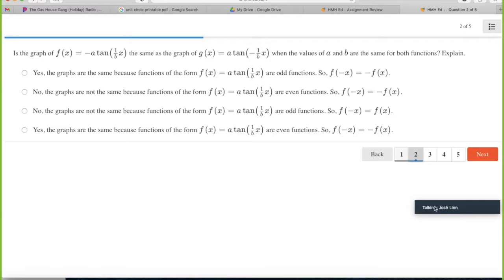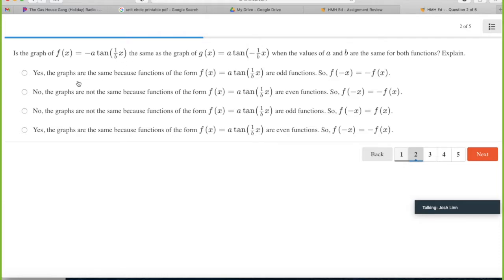So, we get to do some math. Is the graph of f of x equals negative a tangent of bx the same as the graph of g of x equals a tangent of bx, when the values of a and b are the same in both functions? Explain.